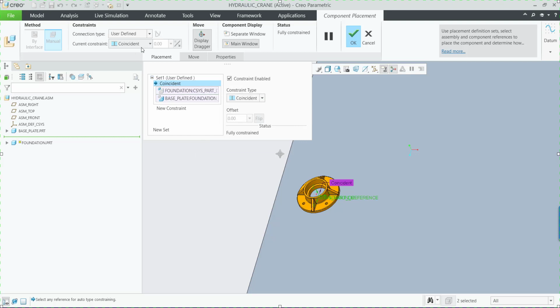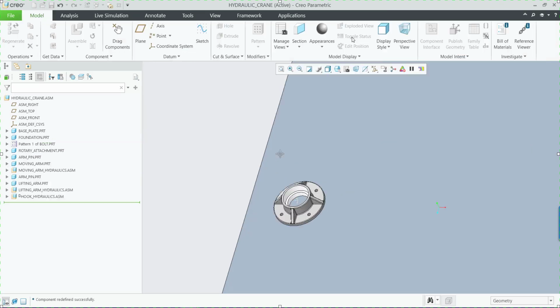Now to go for a mechanism application, instead of a fully constrained component, we should convert it to the required connection, that is nothing but the rigid connection. That is immediately activated from the connection types drop down menu.